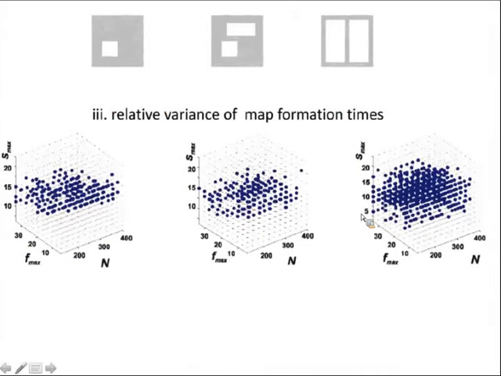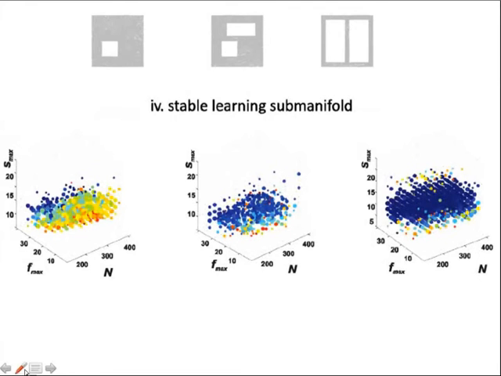And one can also take a look at standard deviations in order to find out where the region is stable. So for what values of S max, the size of the place fields, the firing rates, and the number of cells, for what values do you generally get the correct topology?